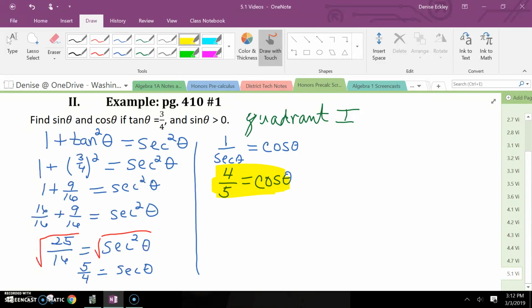Now we can use that and another identity to find sine of theta. We can use another Pythagorean identity, which is sine squared theta plus cosine squared theta equals 1. And again, just like we did with our Pythagorean identity with tangent, we can substitute for cosine theta and solve for sine theta.